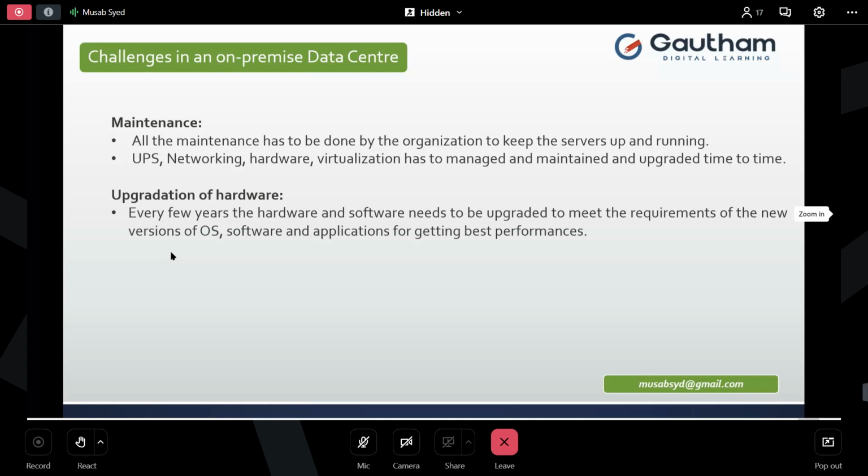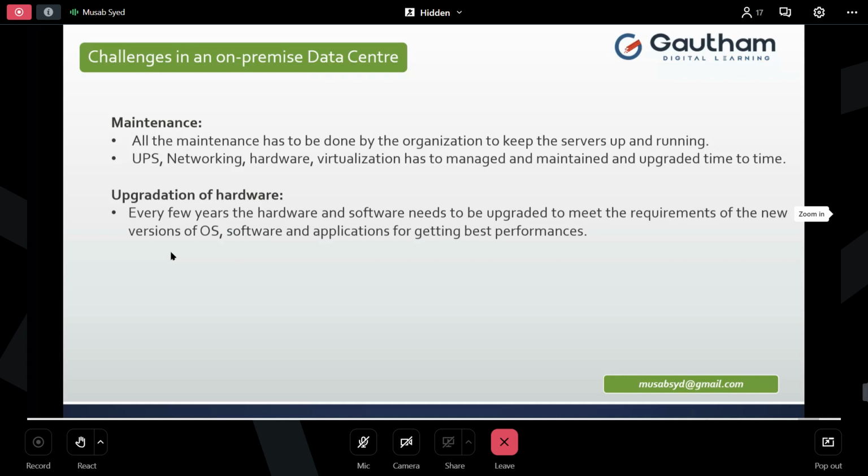When you purchase hardware from IBM, HP, Dell, whoever it might be, they'll give you warranty only for 3 to 4 years, maximum 5 years on production hardware, not laptop or desktop. When you purchase a server, there will be a standard life of 4 to 5 years. After that, there is no support from the company.